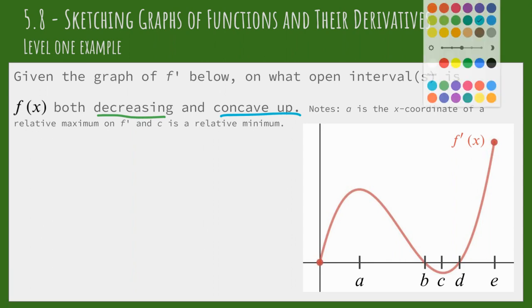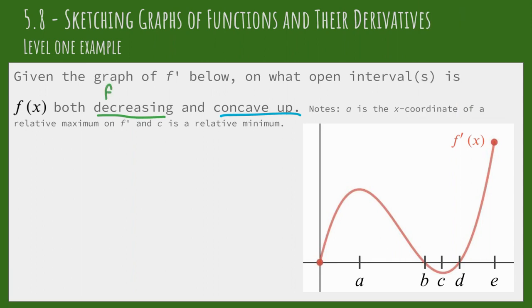So remember, decreasing is where f prime is negative. On this graph, the function itself will be decreasing where the derivative is negative, or below the x-axis. So the function is going to be decreasing on the interval from b to d.